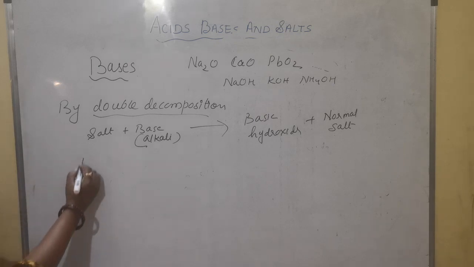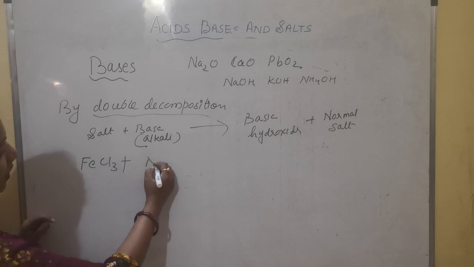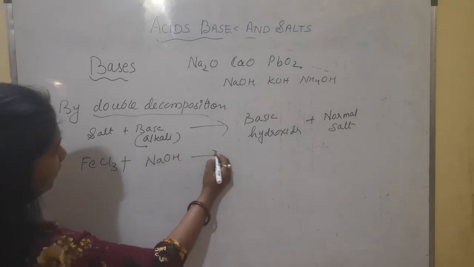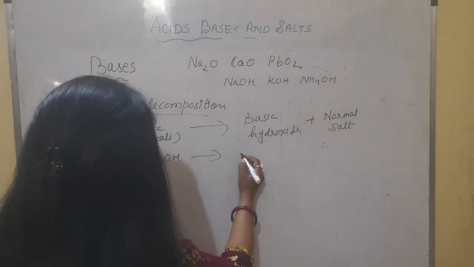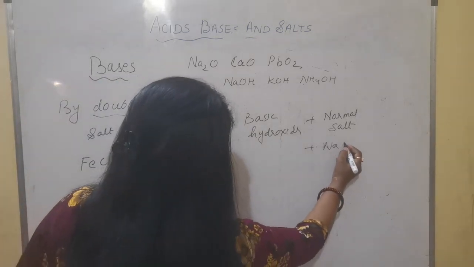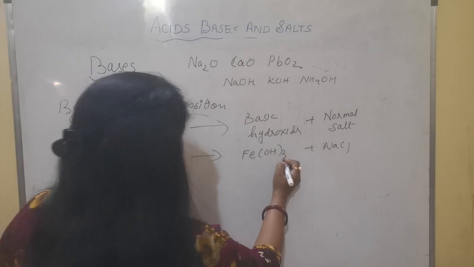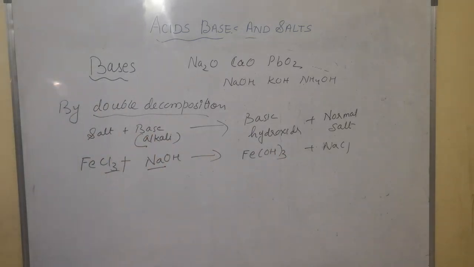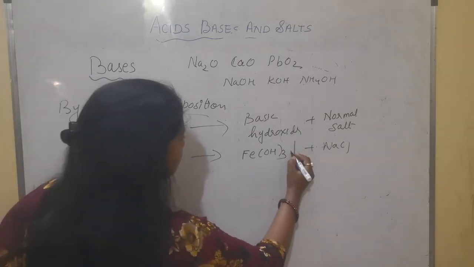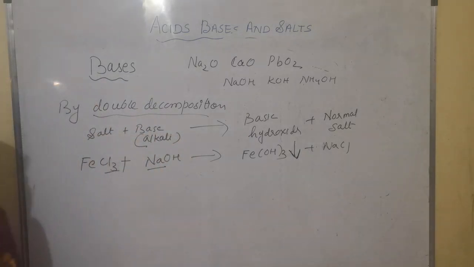Ferric chloride is a salt; react it with an alkali and you will get a basic hydroxide and a normal salt. The normal salt will be NaCl and the basic hydroxide Fe(OH) thrice. This basic hydroxide you will get in the form of a precipitate, shown by the downward arrow.